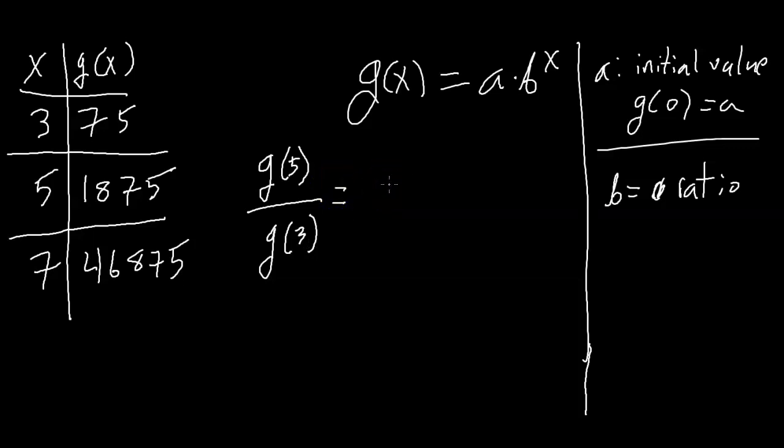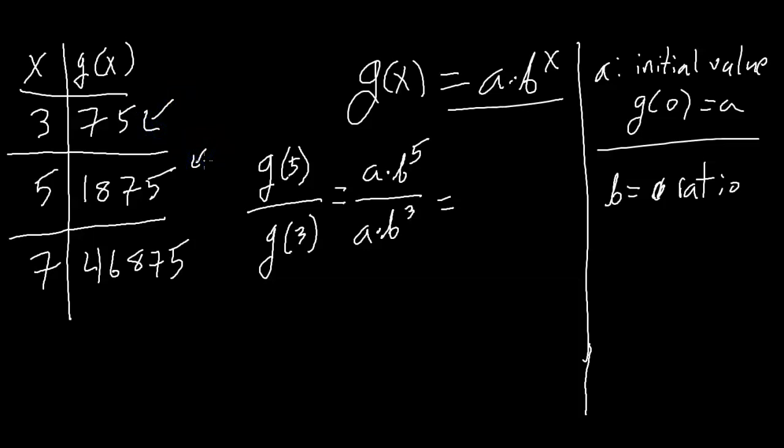And we know that g of 5 over g of 3, well, let's just write that out first in our function form, okay? That's going to be a times b to the fifth power over a times b to the third power, okay? We always want to write that ratio out in terms of our function, and then we want to write that ratio in terms of the known values, okay?